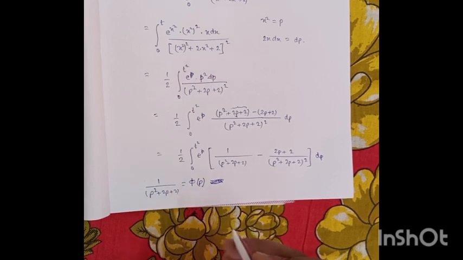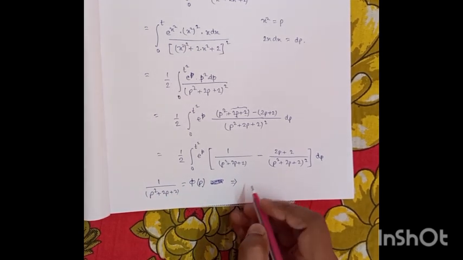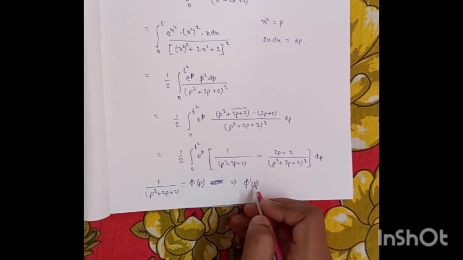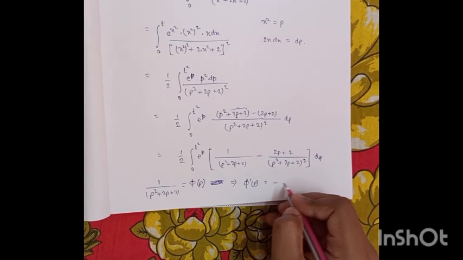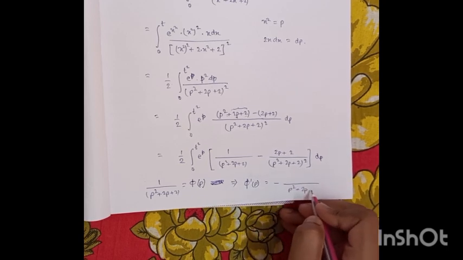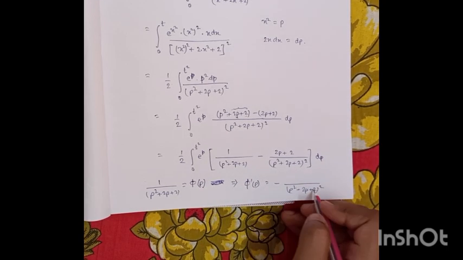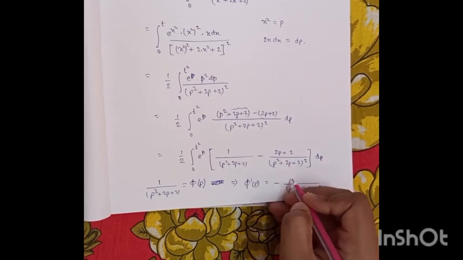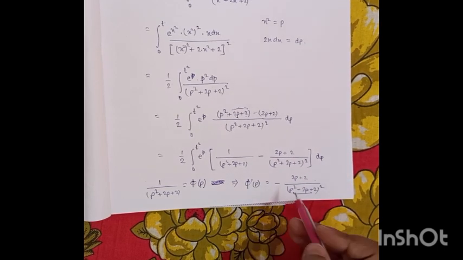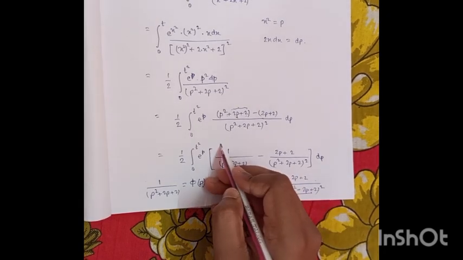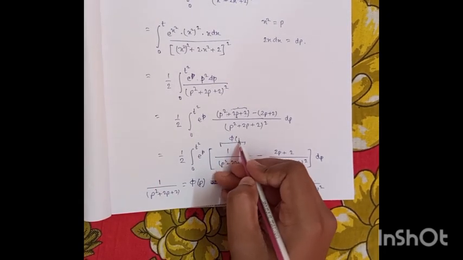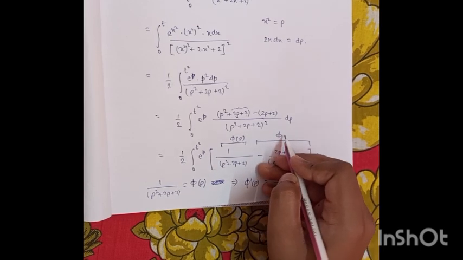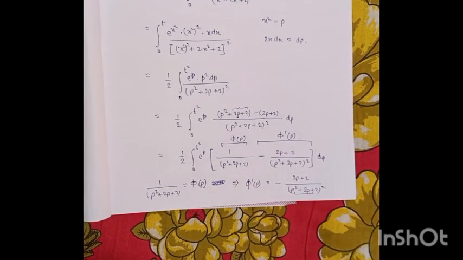So phi of p is this term, 1 over p square plus 2p plus 2. Then the derivative of this function with respect to p, that is phi dash p, will become minus of p square plus 2p plus 2 whole square, and the derivative inside this function, so 2p plus 2. Now see here, if we are assuming this part as phi p, then this whole part is basically phi dash of p.